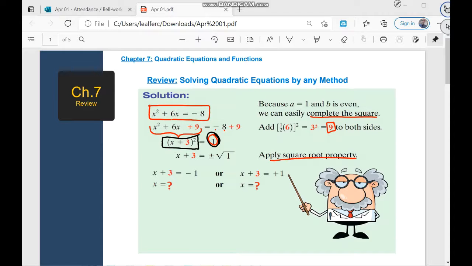Nice, because now we can apply the square root property. Apply the square root on both sides, and you're going to find x plus 3 equals positive or negative square root of 1. The first solution is going to be for x plus 3 equals negative 1. The second solution for x plus 3 equals positive 1.